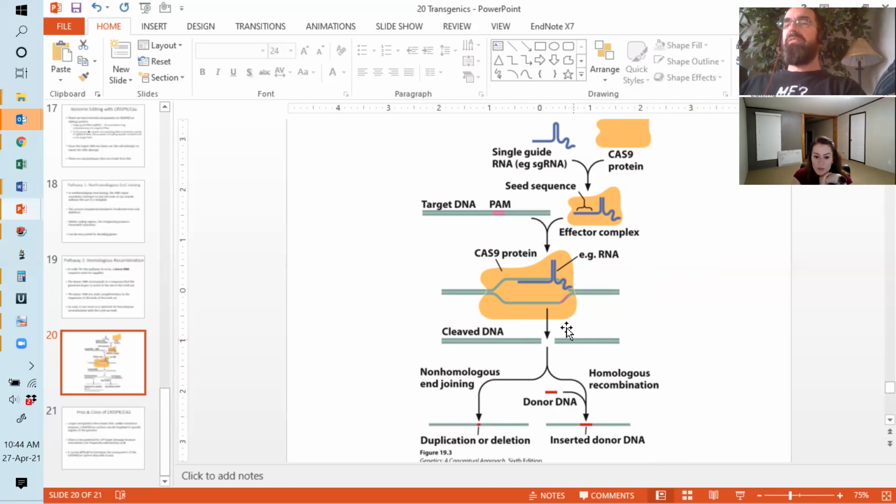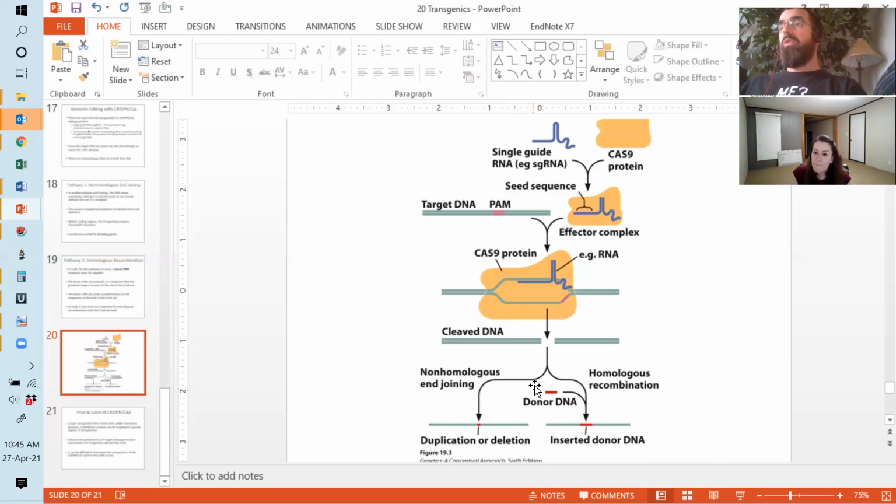If you provide a bit of DNA that matches, your cellular machinery is like, oh, phew, I've got another chromosome around I can use to do a better job. And any bit of DNA that is in between those matching bits now gets put into the genome.